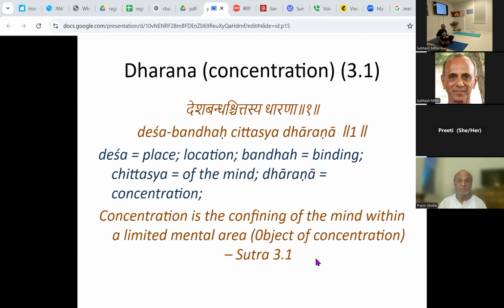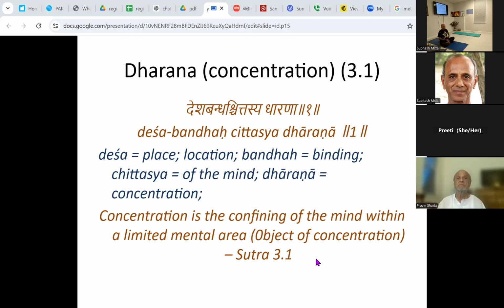All right. So the definition of dharana is the concentration, the confining of the mind within a limited mental area or an object of concentration. The definition will be very similar for all these, but here you can pick any object that you want to focus on. It could be an internal object or an external object.